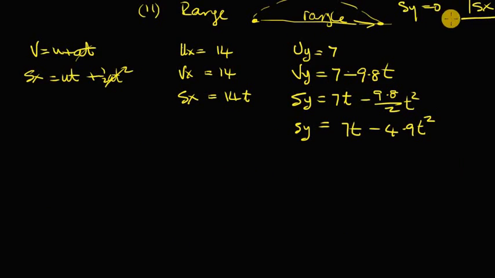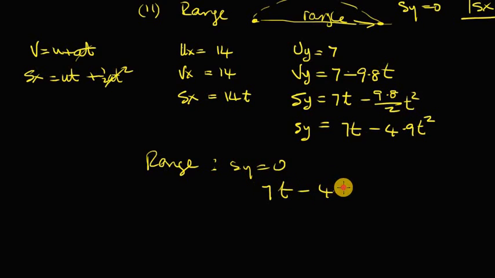Now, the range occurs when the displacement of y is equal to 0. So here's our displacement of y, and s of y has to be equal to 0. So we get 7t minus 4.9t squared is equal to 0. Factor out a t: t times 7 minus 4.9t equals 0. Well, that means s of y is equal to 0 at t equals 0.